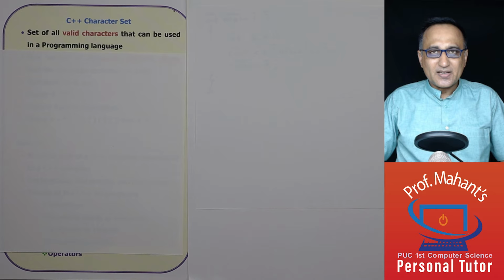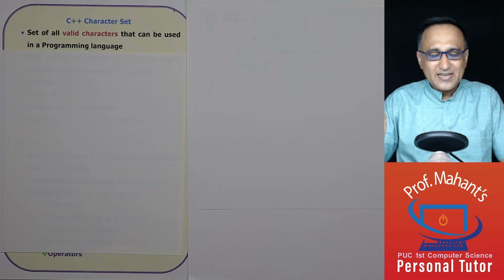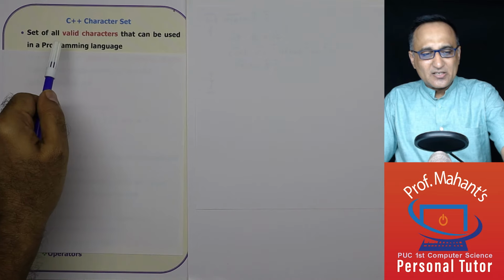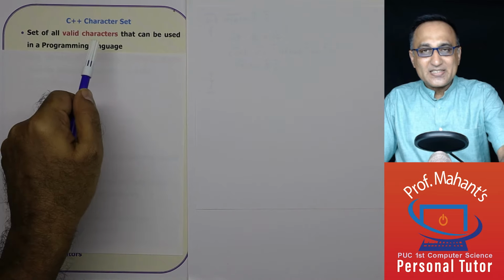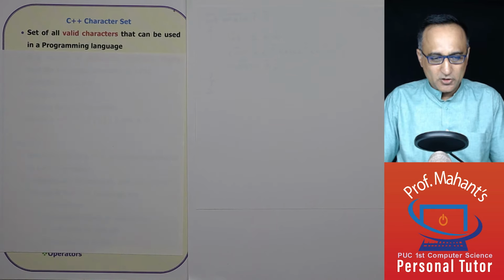If I use Kannada symbols or Kannada characters in English, what happens to that? That is an invalid character in English. Similarly, if I use English words or English alphabets in Kannada, that becomes an invalid character for the Kannada language. So character set means the set of all valid symbols or characters that can be used in a given programming language.